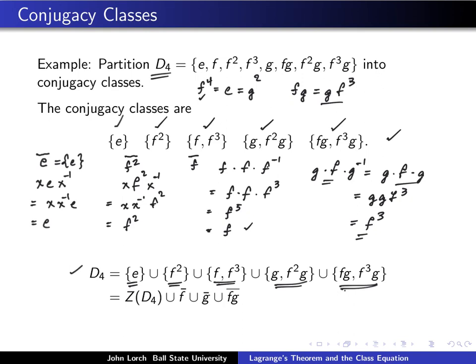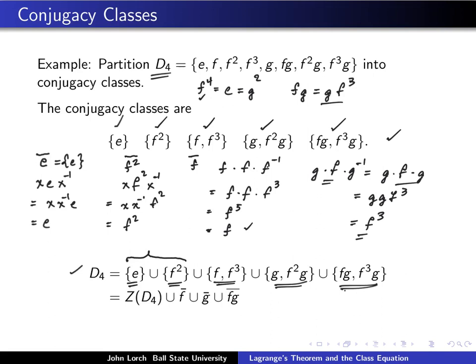So another way to write this down, notice that E and F squared have only one thing in their equivalence classes because they commute with everything in the group.